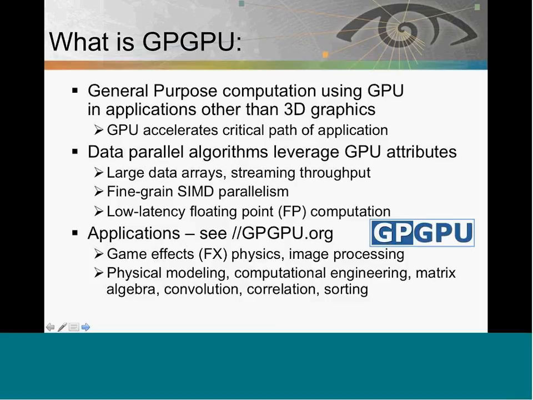The GPU is really helpful when you have data parallel algorithms, because it works based on single instruction, multiple data. If you have a single instruction and want to operate on multiple data, it improves the performance a lot. And this is the website gpgpu.org. It's a really well-known website for GPU applications. You can go there and look at the applications people have developed and find research papers and so on for GPU work.